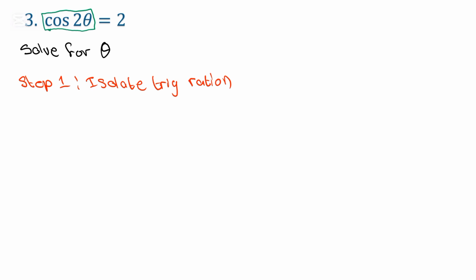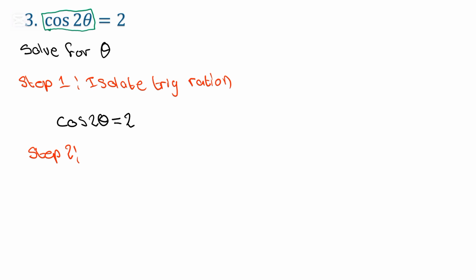But guess what? This is the good part. It's already isolated. It's alone on one side. So you just write it the way it is, equal to 2. The second step you need to do is the reference angle, where you press shift on your calculator.